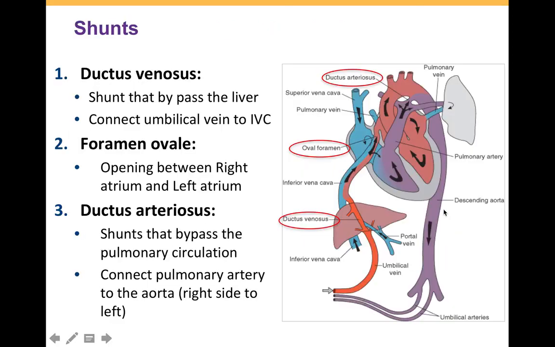So let's take a look at this picture, a closer view of the differences. One of the main differences, again, as I mentioned, is that you don't have functional lungs because you are in a fluid environment. So if blood is coming through the vena cavas, you see superior vena cava and inferior vena cava, and they're coming into the right atrium, they're going to go to the bottom chamber, which is the right ventricle.